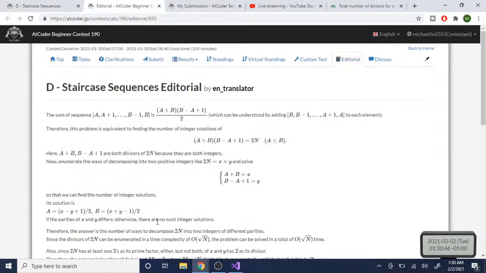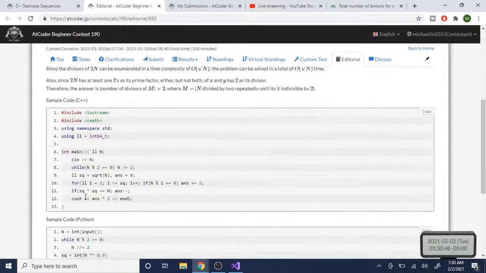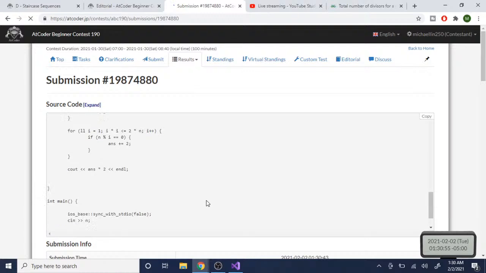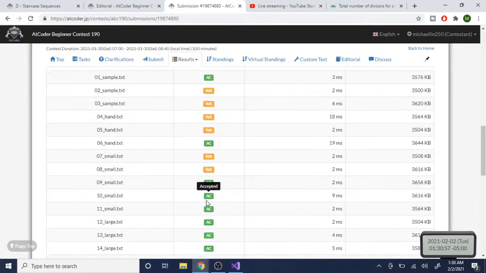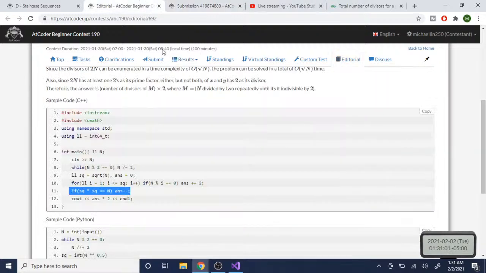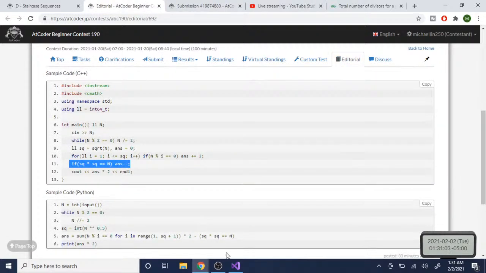I think this part was for double counting. But if we're going i times i, I don't think it would matter. Oh no. It does. Apparently it does. Okay. Why does it matter?